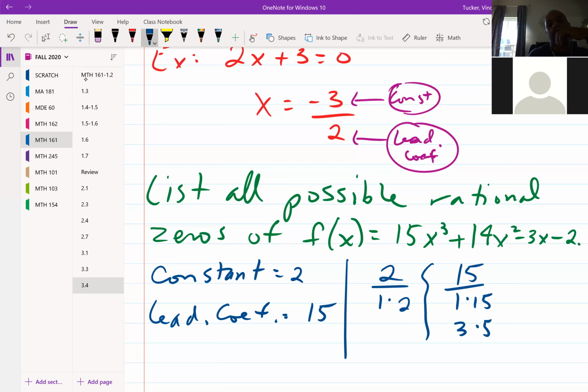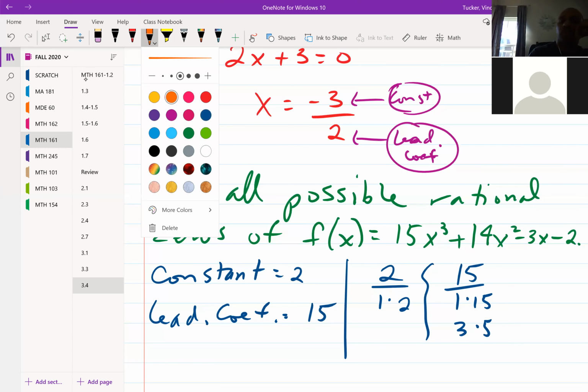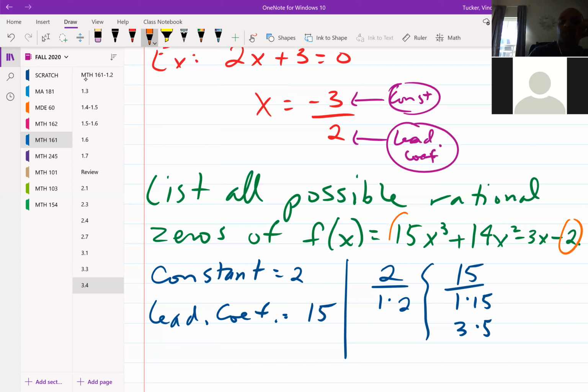Any problems so far? So our constant, once again, is the number that's sitting by itself, not attached to any variable. And then our leading coefficient is the number that's in front of the variable with the highest exponent.